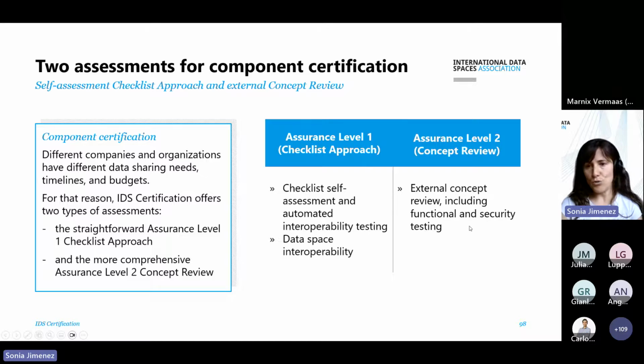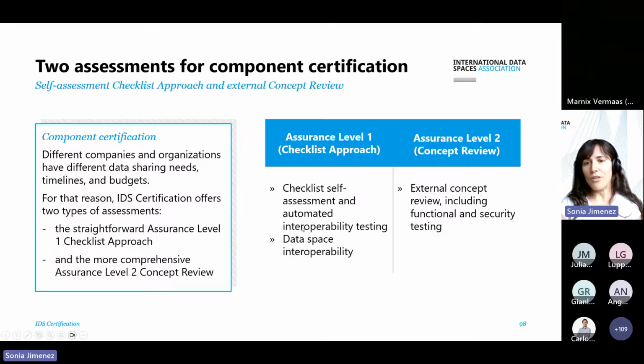Then we have assurance level 2, and this is an external review. Third parties, what we call evaluation facilities, conduct all the tests. This is a more complex, more thorough evaluation that also brings an additional level of security. That's why we call it assurance level 2.